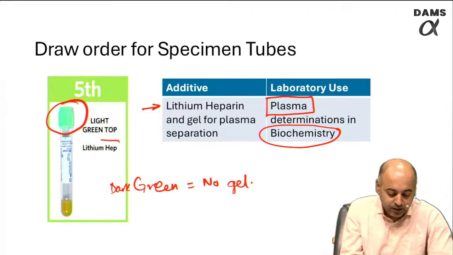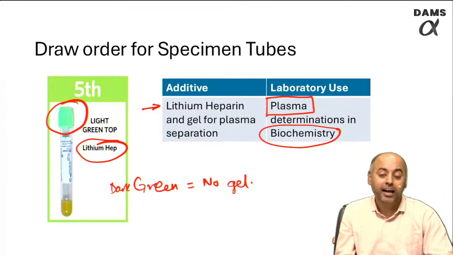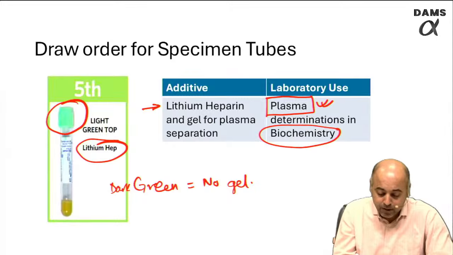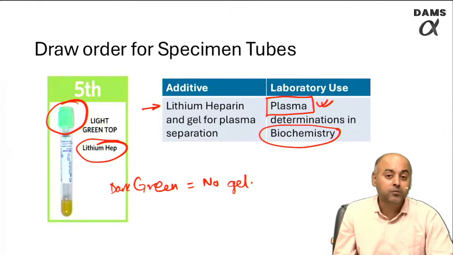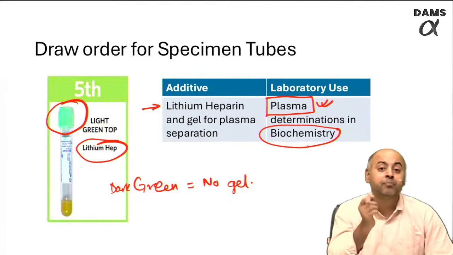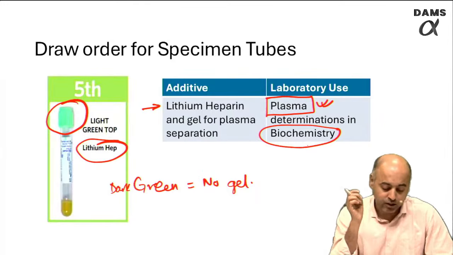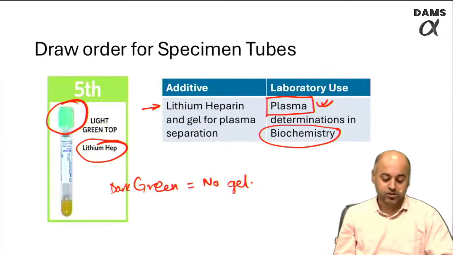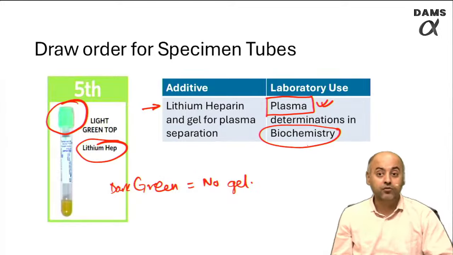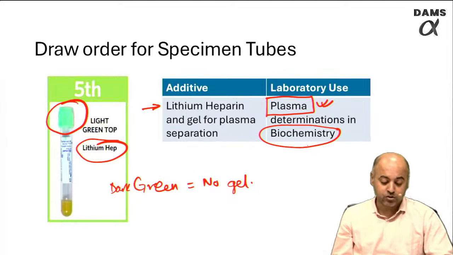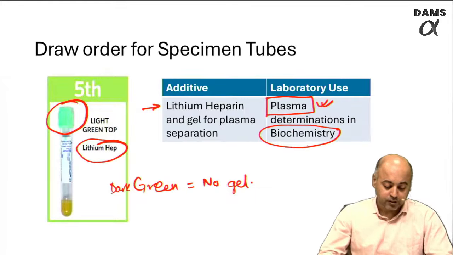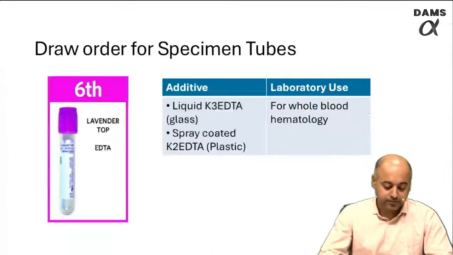You have heparin as the anticoagulant, so that you can get the plasma. This plasma can be used for biochemical tests wherever they are relevant. There are some special tests for which the plasma is utilized for biochemical testing, for example interferon, etc. So there we use the plasma for the biochemical testing.